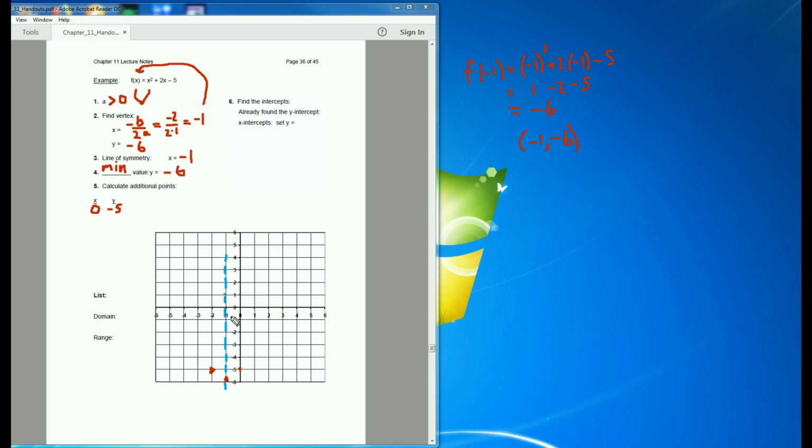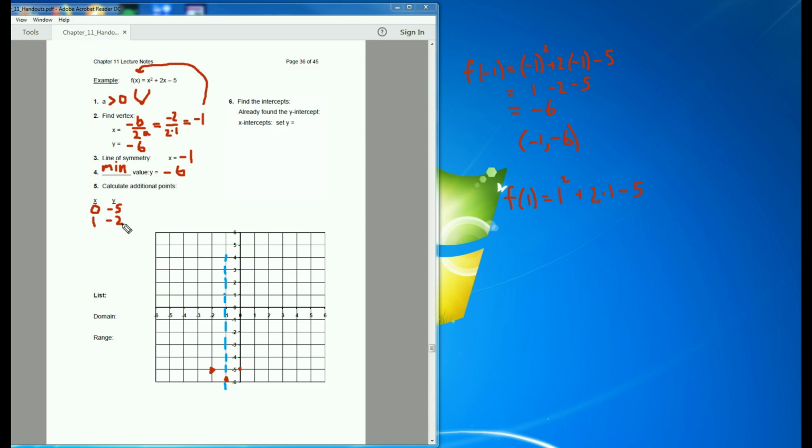All right, let's calculate another one. Let's move to the right one more time to x equals 1. Okay. And again, we're just going to take that value and plug it into the function. I'll just write this one out. So f of 1 is equal to 1 squared plus 2 times 1 minus 5. So that's 1 plus 2 is 3. 3 minus 5 is -2.